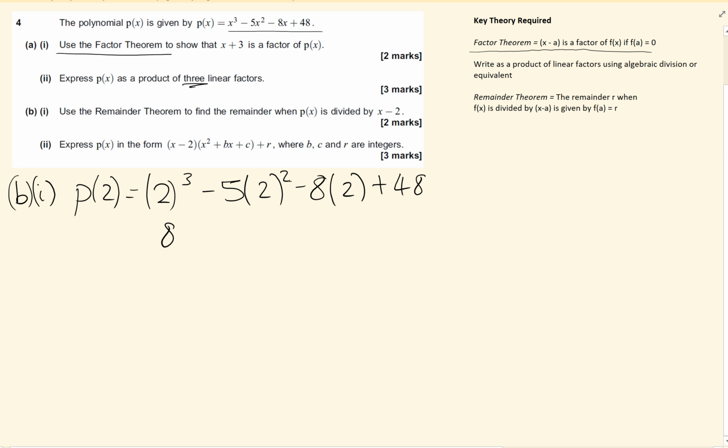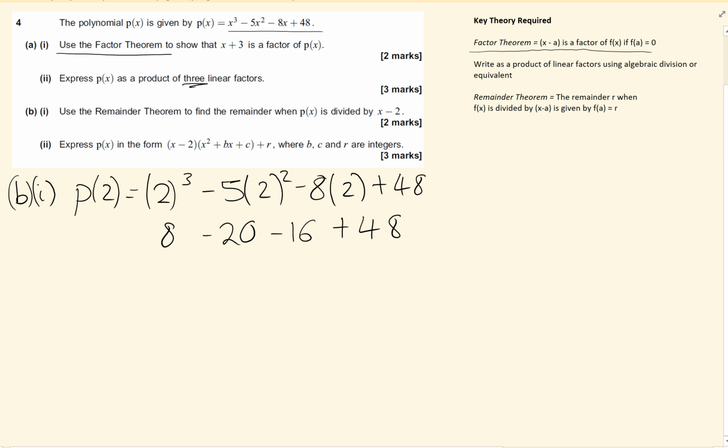So I've got 8, I've got 2 squared, which is 4, so minus 20, I've got minus 16, and I've got plus 48. And obviously this time I know it's not going to equal 0, so I'm going to take a little bit more care over this. So the way in which I'm going to do it, I'm going to do the first 2, then bring in the next one, and finally the next one, just to make sure that I don't make any mistakes.